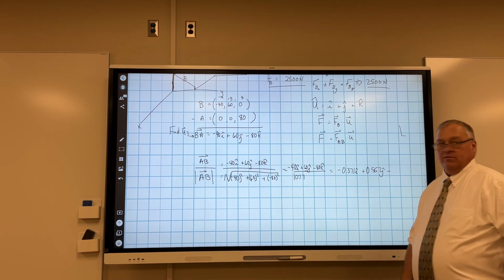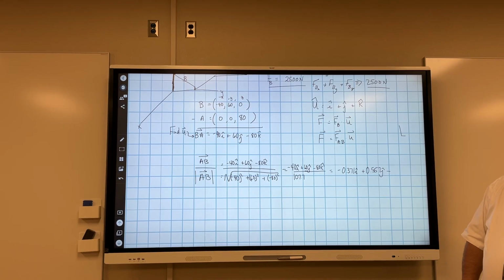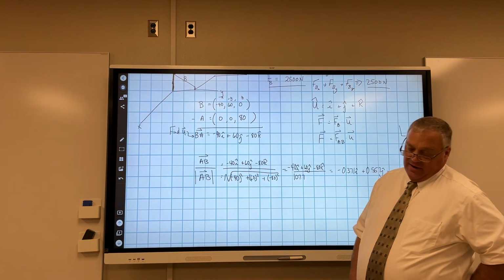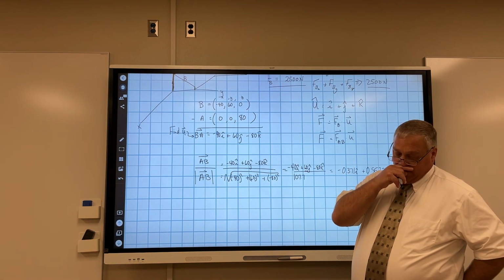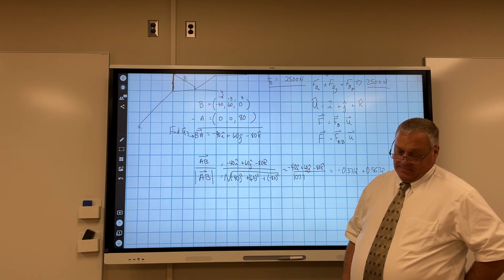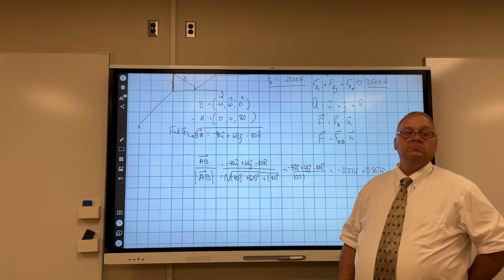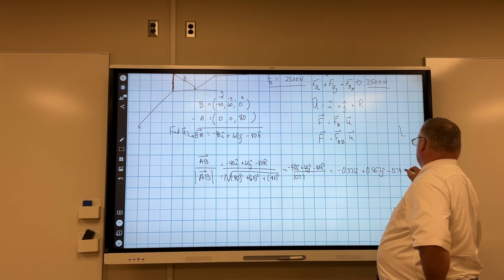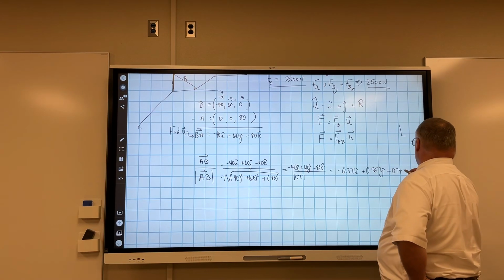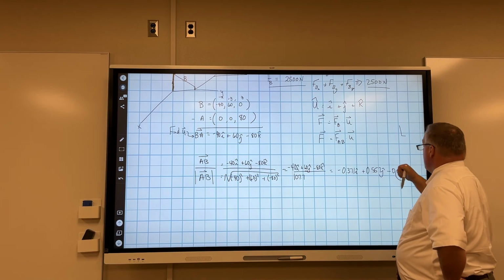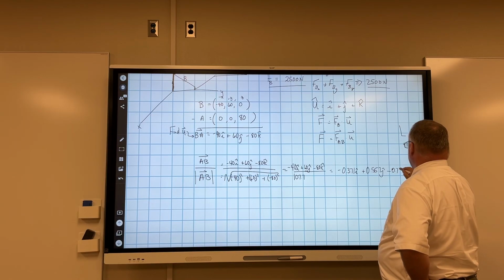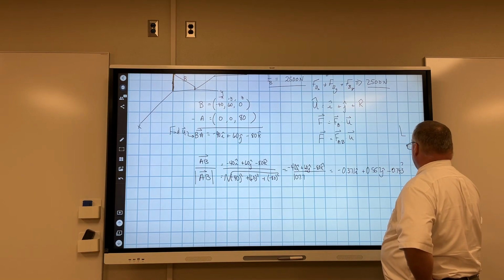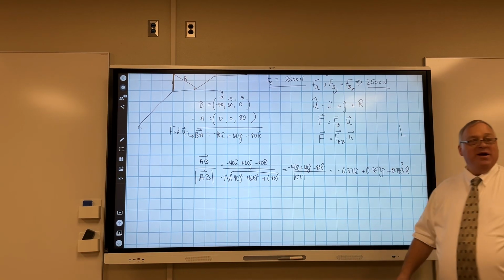And 80 over 107.7 will be a little bit bigger than that, a little bit less than 0.75. Point 742? It looks like 0.743 on my end. How about we put a question mark over there? Makes us feel better, okay?